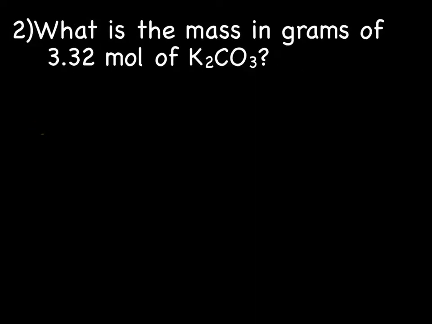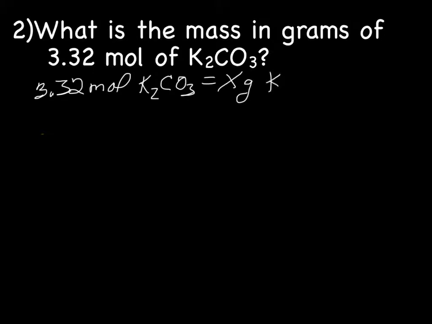All right, number 2, what is the mass in grams of 3.32 mole potassium carbonate? So let's start with our math problem. 3.32 mole K2CO3 equals X grams K2CO3. Okay. Then we'll write our grid and put our known in the grid.